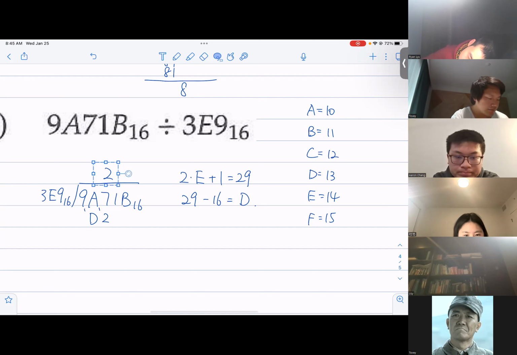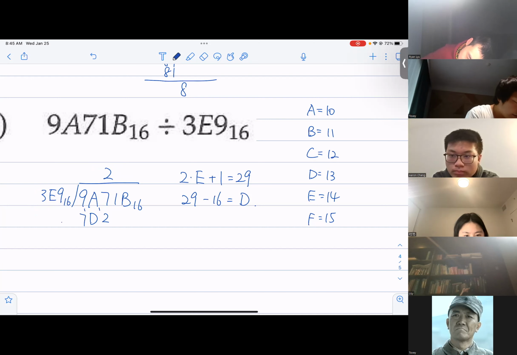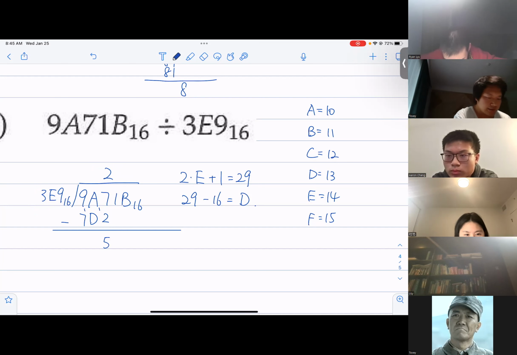Eventually 2 times 3 is 6, 6 plus 1 is 7. So just put 7 here, and do a subtraction. Okay, so 7 minus 2 is 5. A minus D, that's not enough, that's 10 minus 13, that's negative 3, right? So you have to borrow 1. After you borrow 1, that's negative 3 plus 16, that should be 13.